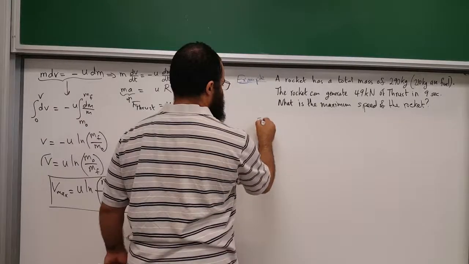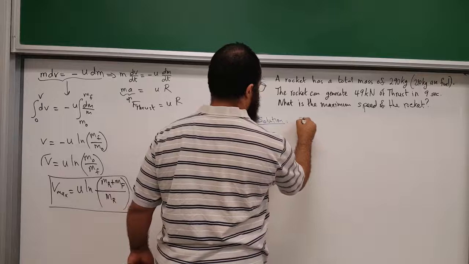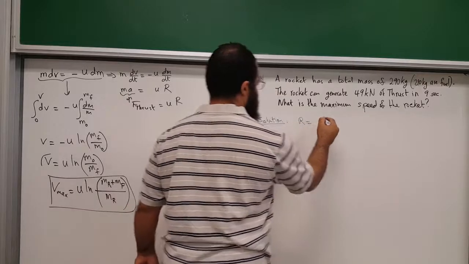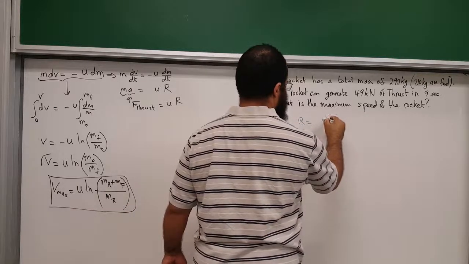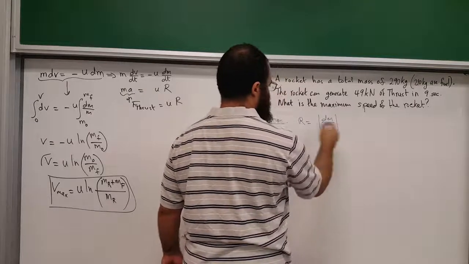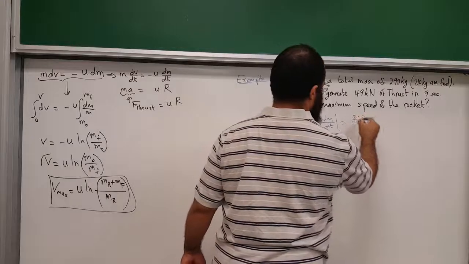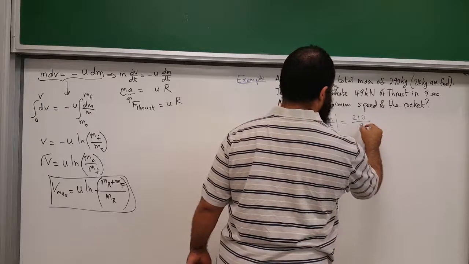So let's solve this. R will be the absolute value of dm/dt. We're burning about 210 kilograms of fuel in 9 seconds.